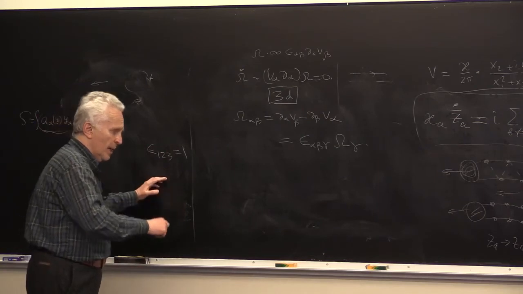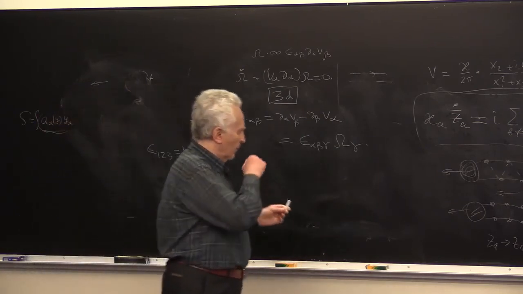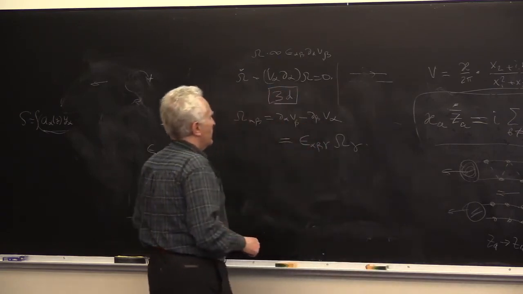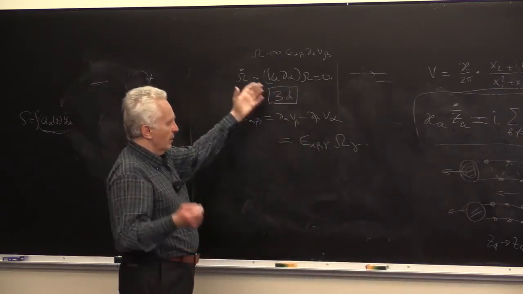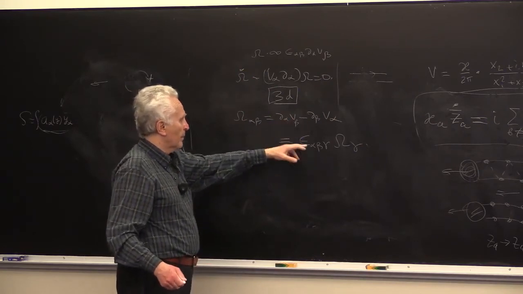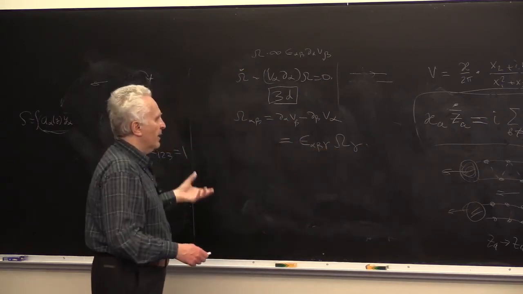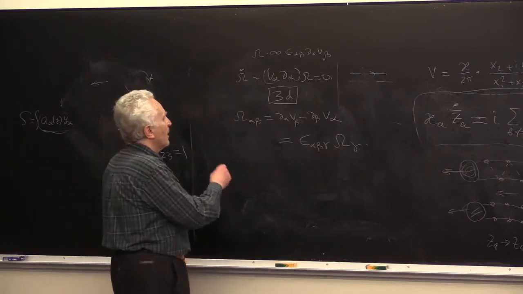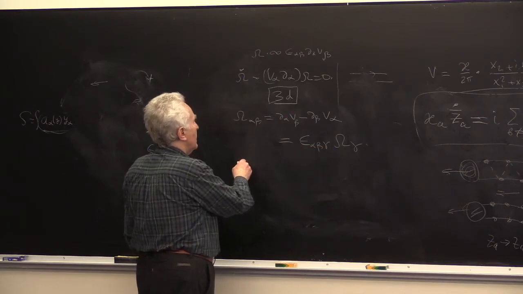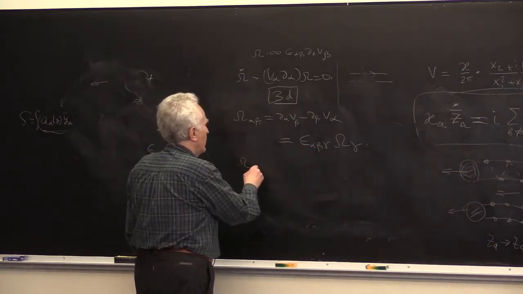If it is odd, it's minus 1. So it's a totally antisymmetric numerical tensor, and you can show, well, we discussed many times already, that omega transforms as a vector under rotations. And you see immediately from here that we can invert it.